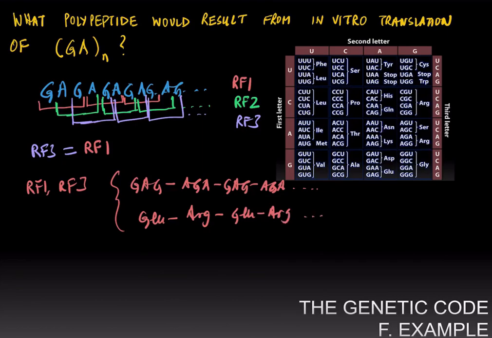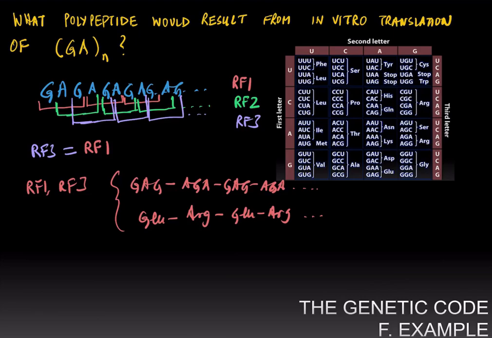So when this polypeptide is analyzed, instead of getting a single amino acid, like we got in the previous example of a repeating triplet, we will in fact get a mixture of two amino acids, glutamate and arginine.